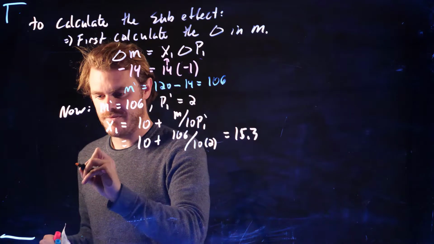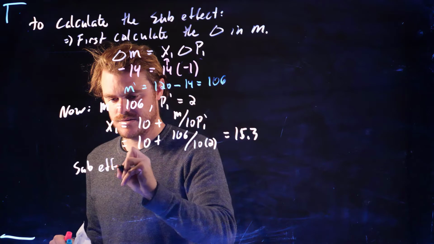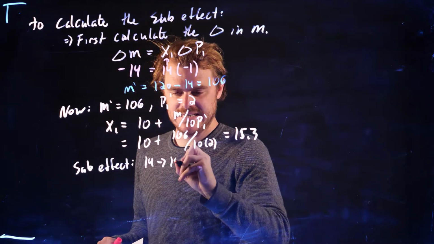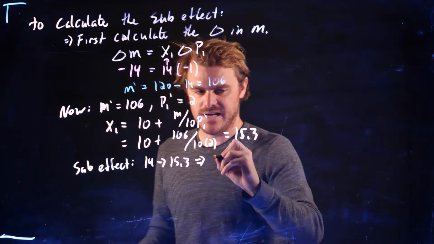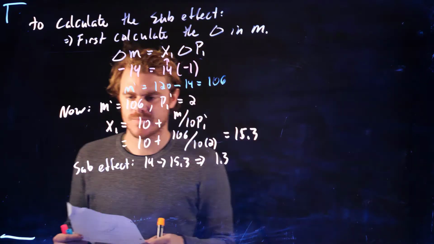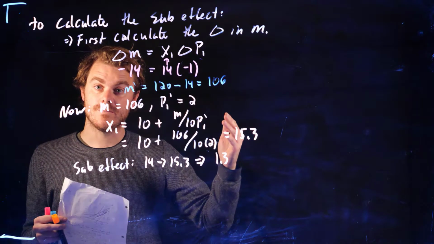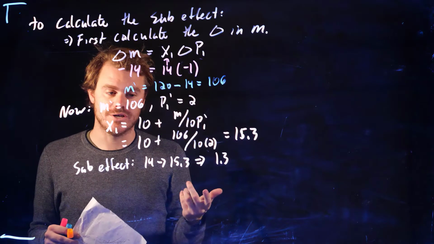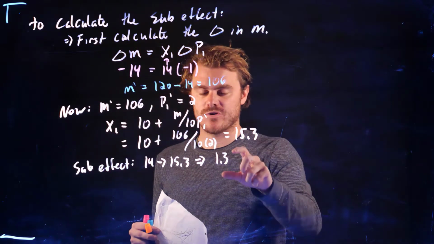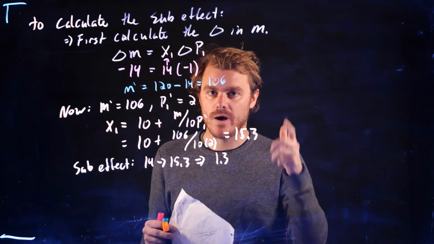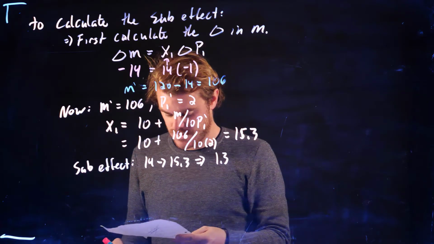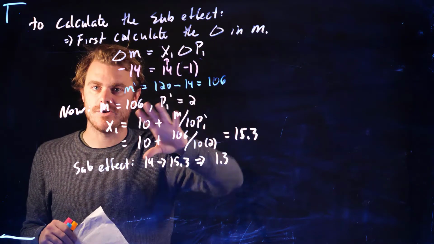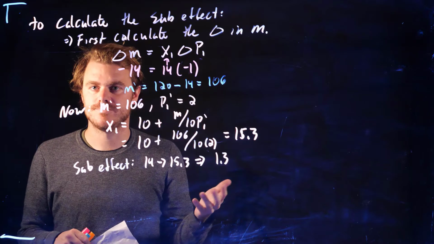And so the substitution effect is going from 14 to 15.3, so the substitution effect is 1.3. So holding purchasing power constant, but just changing the relative prices of this good has caused us to increase our consumption of it by 1.3. So that's how we theoretically think about it, and this is how we calculate it if we actually had numbers.